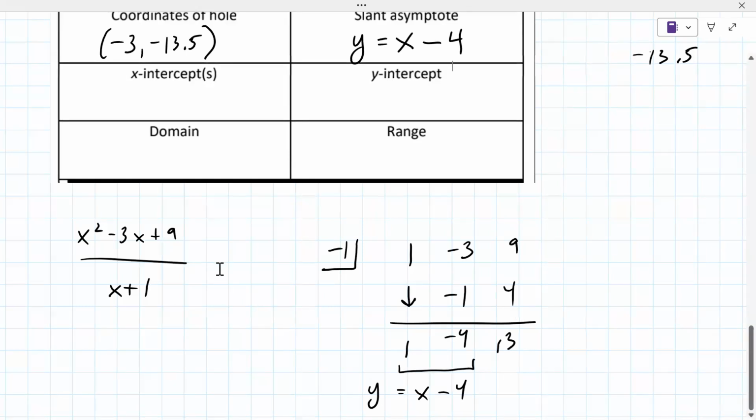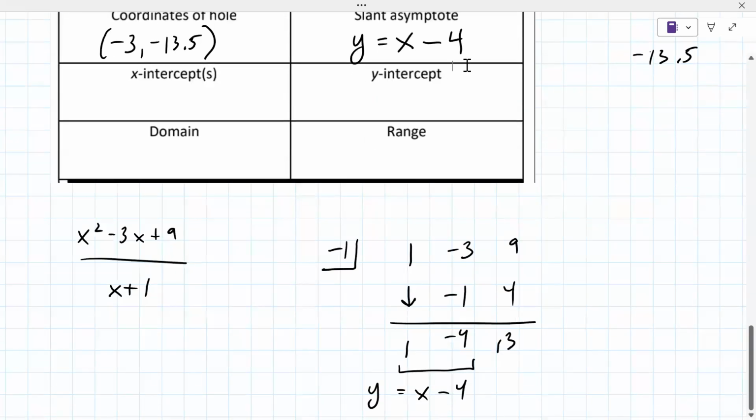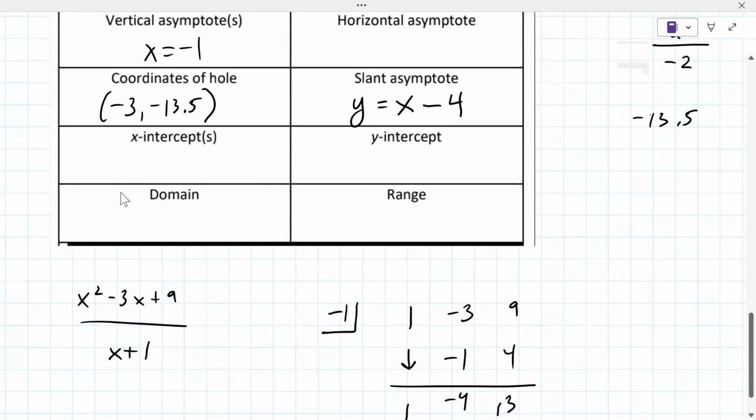And so that could be its own sort of conversation. The x-intercepts here, I don't think there is one, because there's none. You can actually see graphically, if you look at the graph, it doesn't cross the x-axis. So there are none.